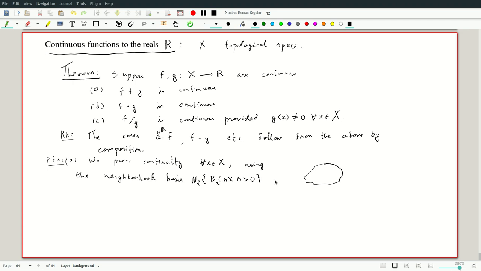Okay, but we use this for x in R, so for real numbers we use this. And neighborhood basis of all neighborhoods for x.